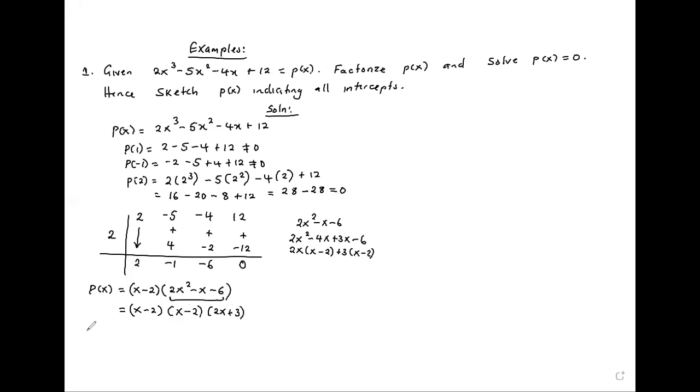It is factorized. The next thing is to solve for P of x is equal to 0. When P of x is equal to 0, it implies that the factorized form is then equal to 0, because it is what is P of x.